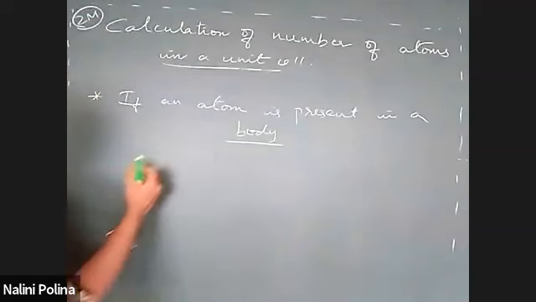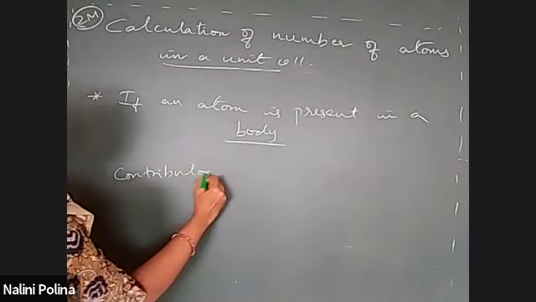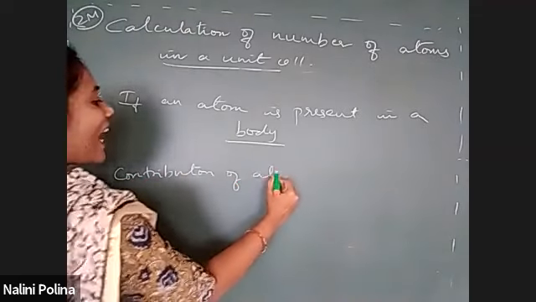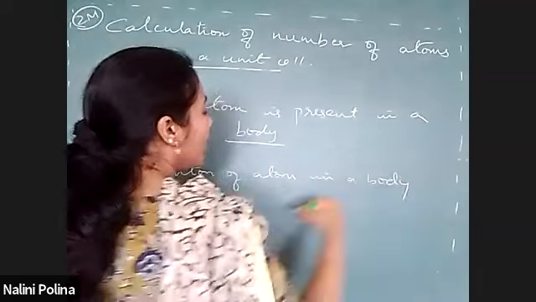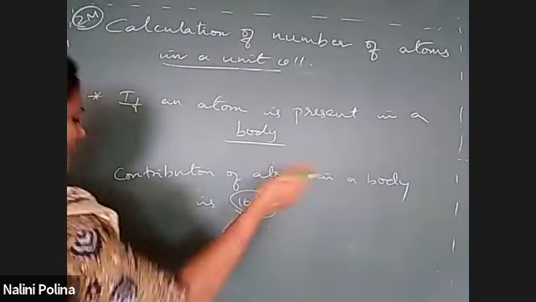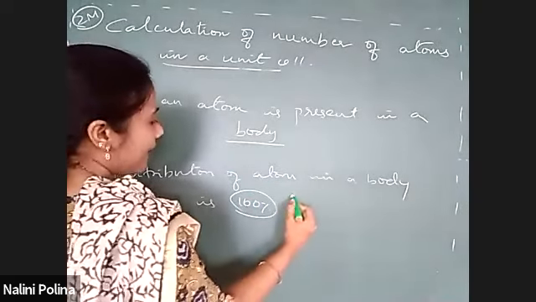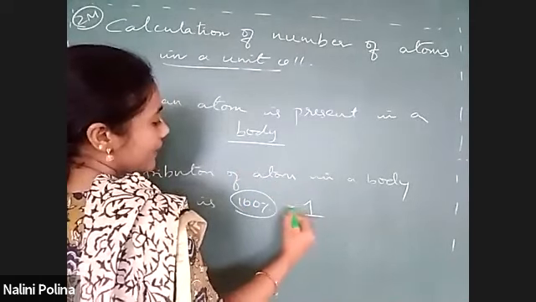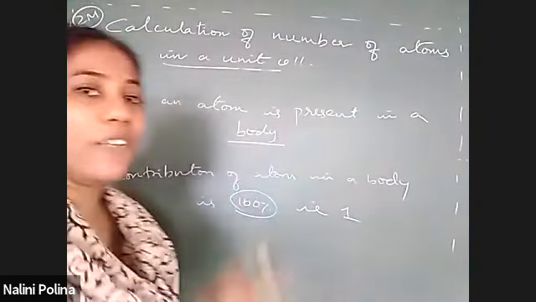So what I can say is, contribution of atom in a body is 100%. Okay, 100% means completely, right? If you remove the percentage, I can tell it as 1. So each body can have only one atom.